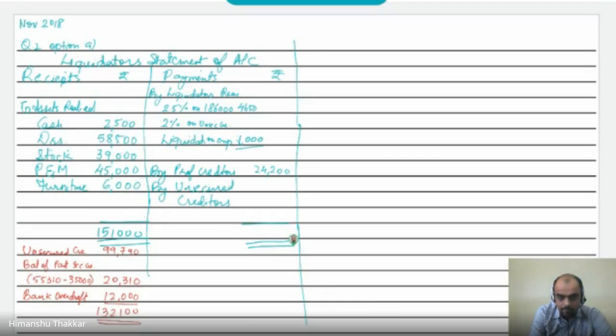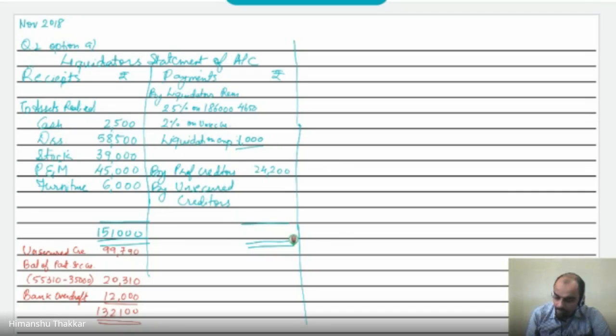Okay. So out of 1,51,000, whatever payments you have made, you just write it down. Remuneration to liquidator.